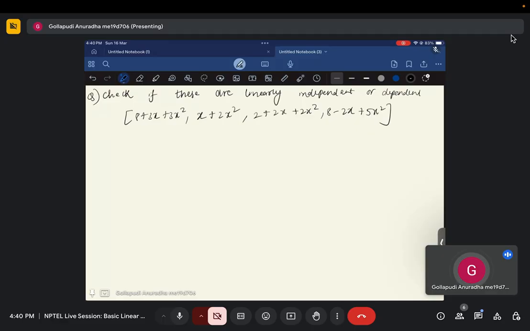So we'll see. I can write this as the matrix with rows 8 3 3, 0 1 2, 2 2 2, and 8 minus 2 5. Sorry, I can actually transpose all this.